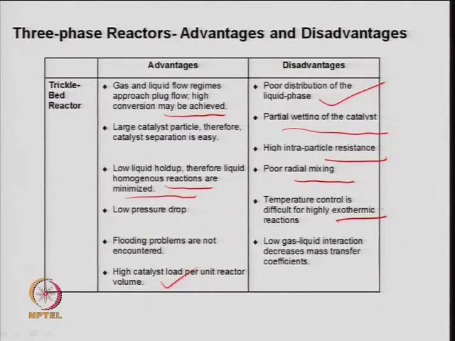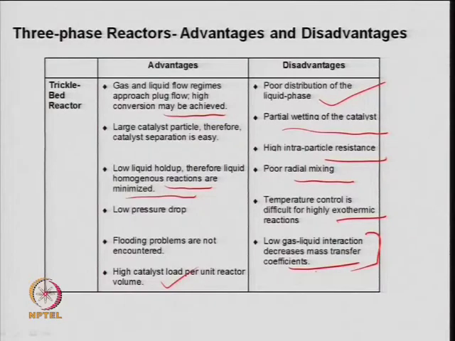That is again an issue, and low gas liquid interaction decreases the mass transfer coefficient. Interaction between gas and liquid will depend on several other factors, solubility, process conditions, but this is again a problem that the interaction between gas and liquid is low. Because of that the mass transfer coefficient may be low, because it depends on the superficial gas velocity and other factors. We will talk on that later.